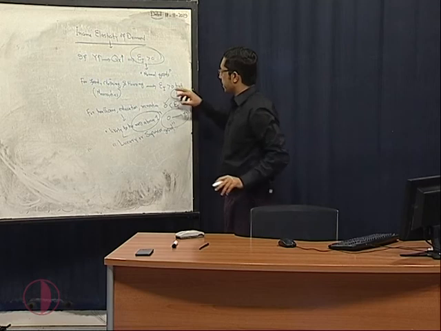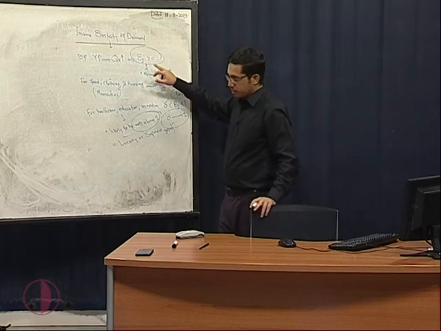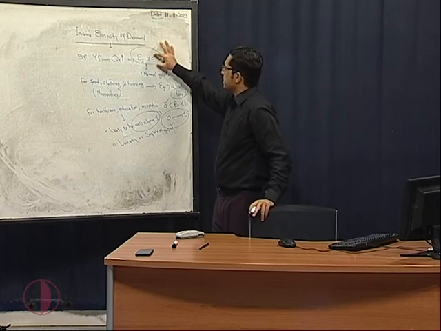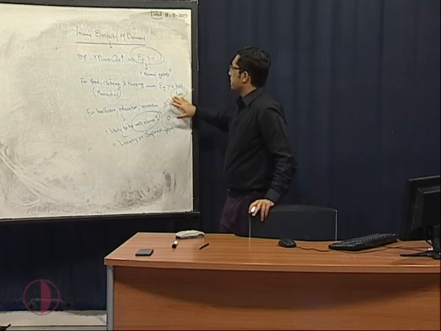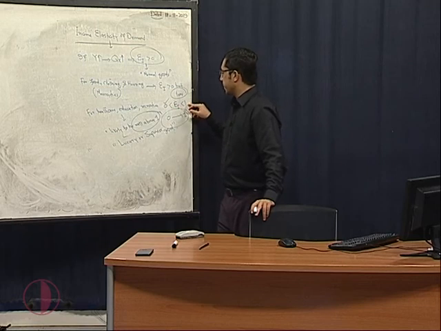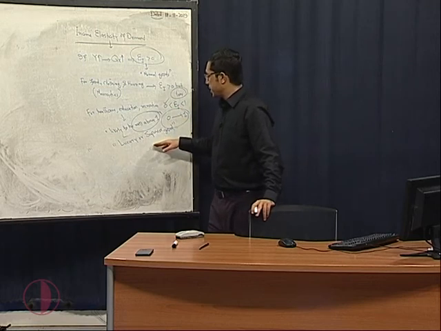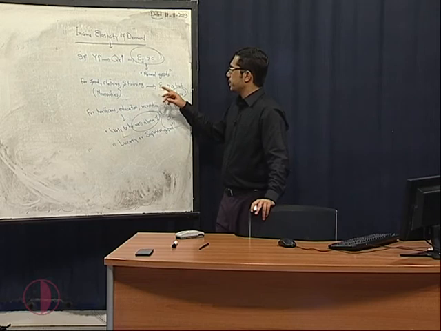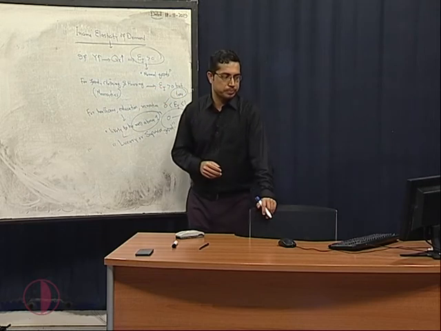So it means that for a normal good, the value of the income elasticity of demand is positive. For necessities, it will be between 0 and 1. For luxury or superior goods, this value will be greater than 1.